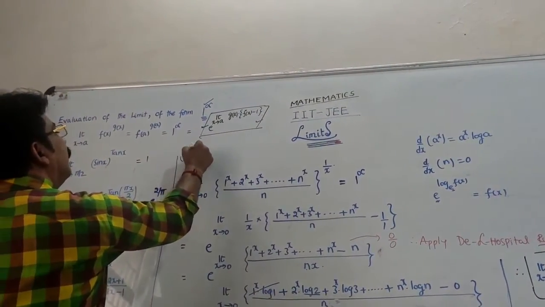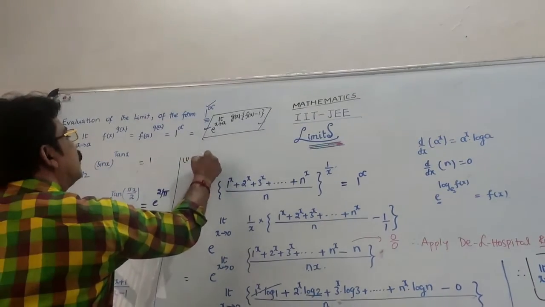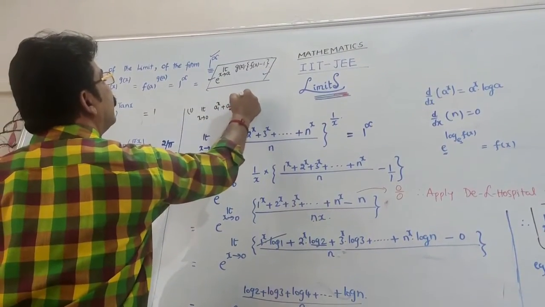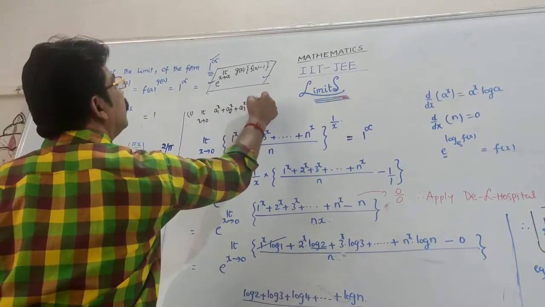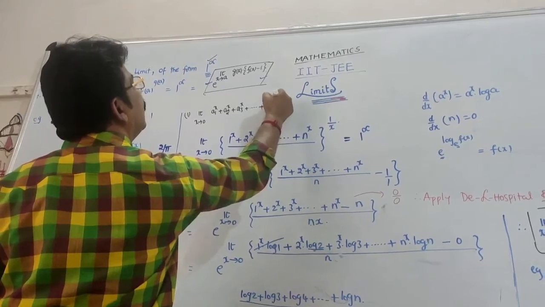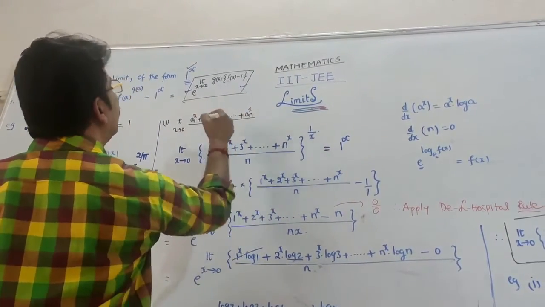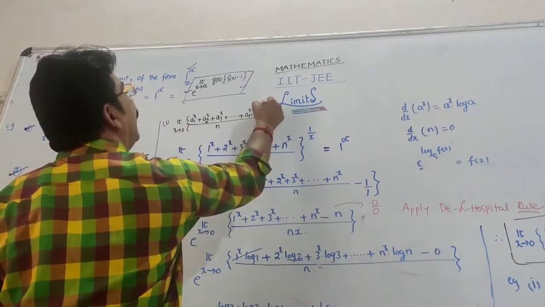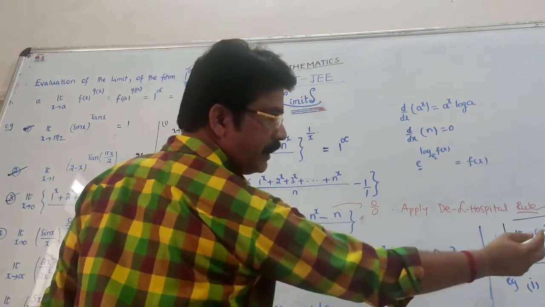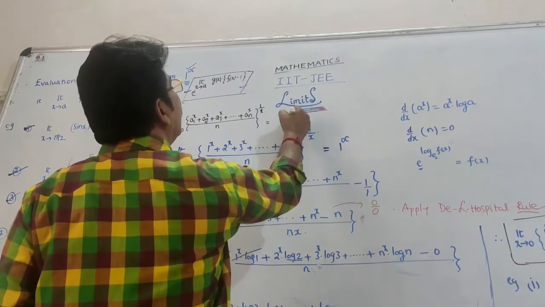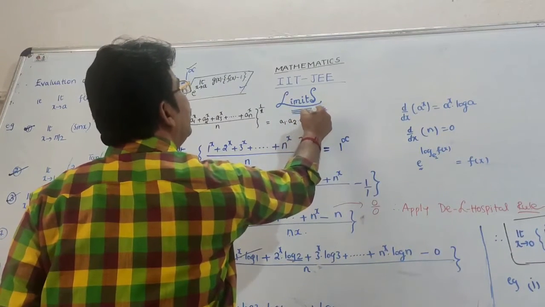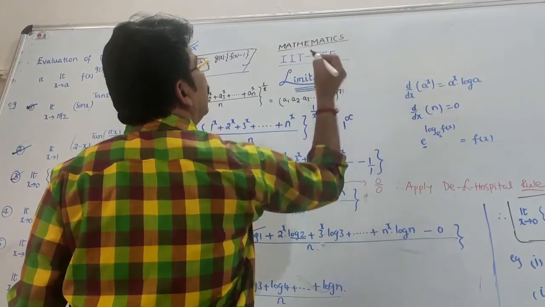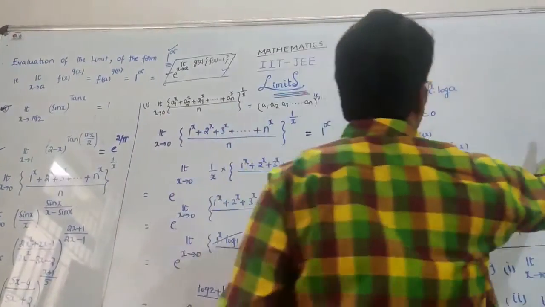Number one, limit x tends to 0, a1 power x plus a2 power x plus a3 power x plus and so on, means any numbers, a n whole power x, whole divided by n, whole to the power of 1 by x, that is equal to, here we wrote the product of the numbers, means a1 into a2 into a3 into and so on into a n whole to the power of 1 by n. This is the shortcut. Next, another shortcut.